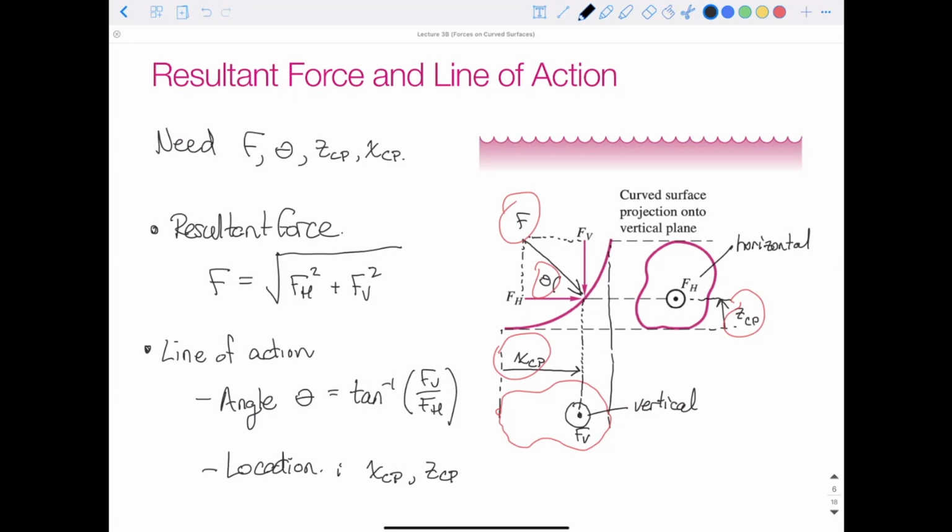So really we just need to find, I say four things, and I circled F and theta. We really actually need to find FH, FV, XCP, and ZCP. So these are the things we're actually going to be looking for. Once we have those, we can solve for everything else.